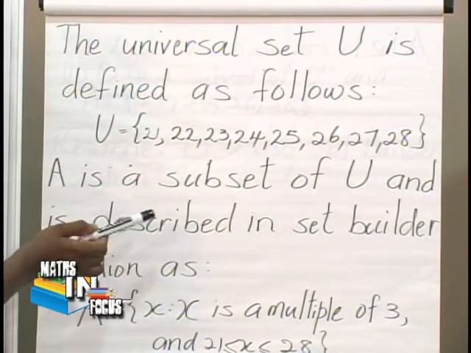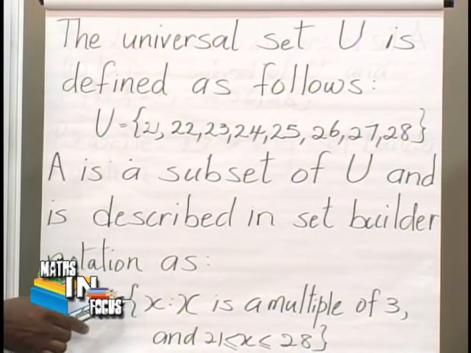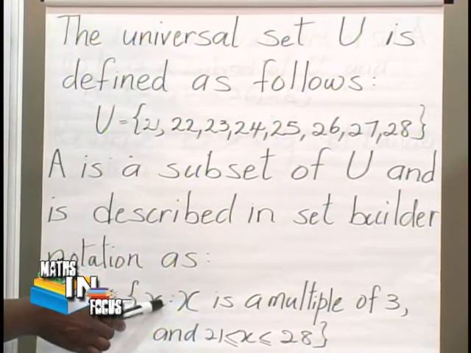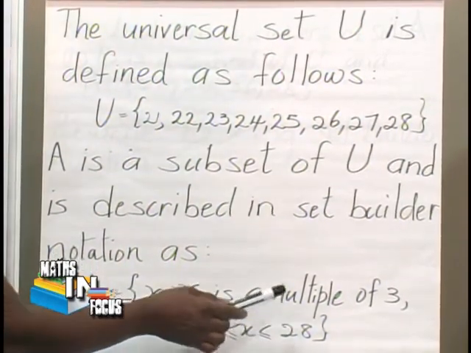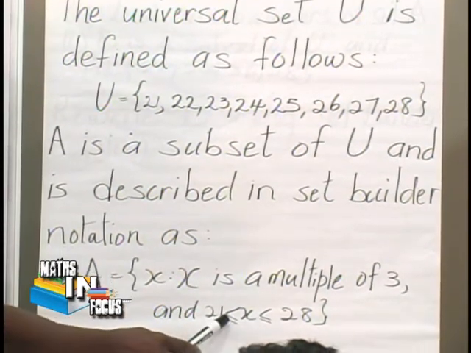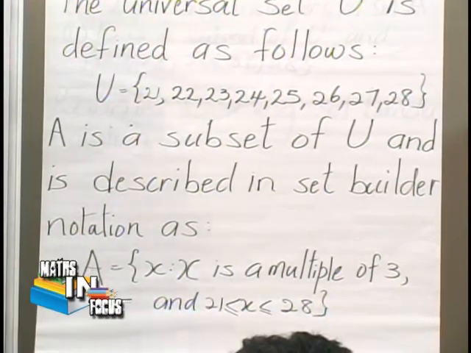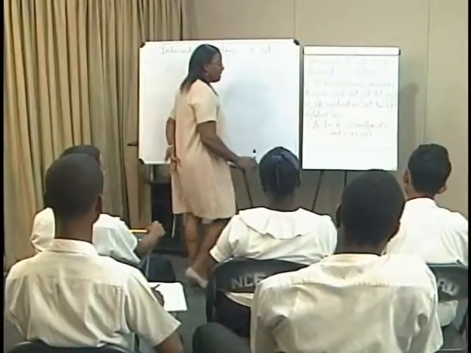And it is described in set builder notation as A is equal to the set of x's such that x is a multiple of 3 and x is greater than or equal to 21, less than or equal to 28. Let's go ahead again.